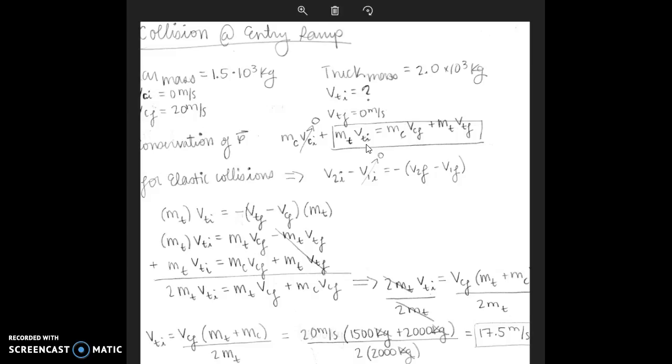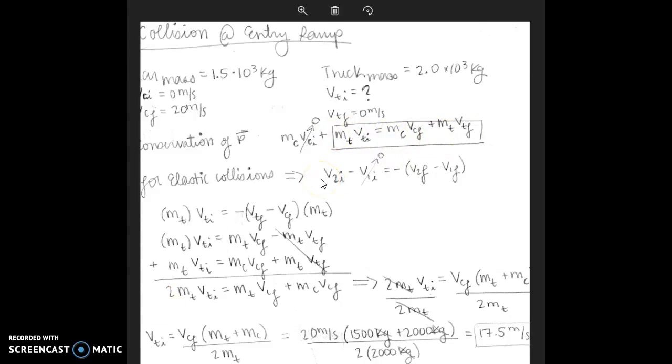So we have the momentum initial of the car, the mass times the initial velocity of the car, plus the mass times the initial velocity of the truck. Then we have the mass times the final velocity of the car, and the mass times the final velocity of the truck. And that gives us our total momentum. And so we end up with just using this formula.